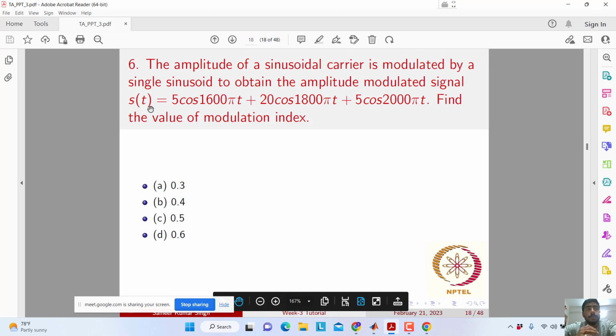So please try. As a hint, you can write the basic expression of the AM signal. From there you can calculate the modulation index.